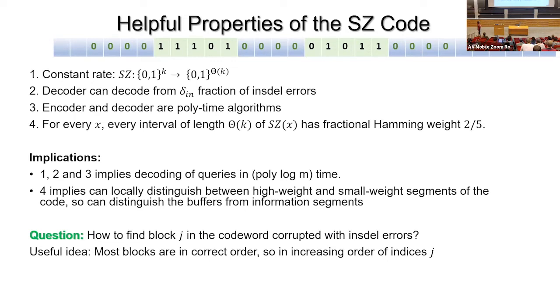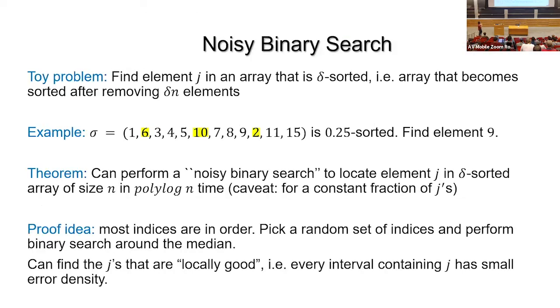One observation is that there can't be too many corrupted blocks, because we have a bounded amount of Insdel error that we're allowed to use. This will allow us to guide the binary search.